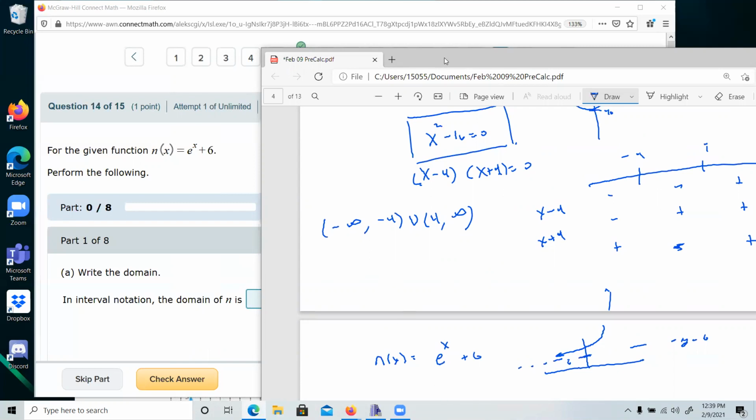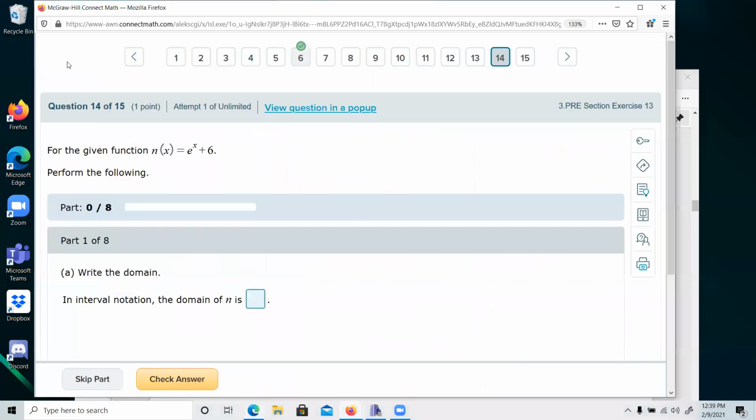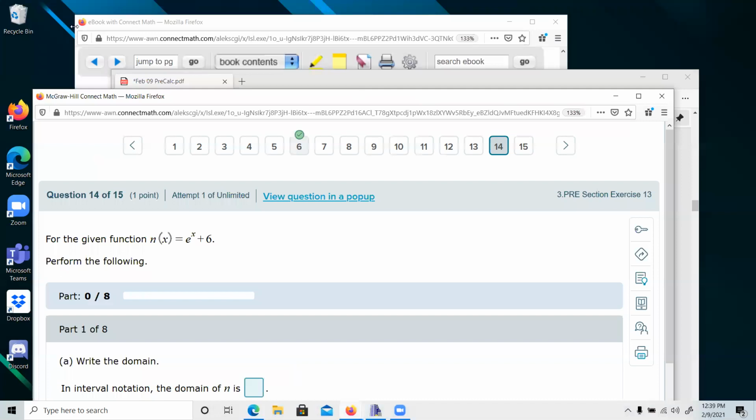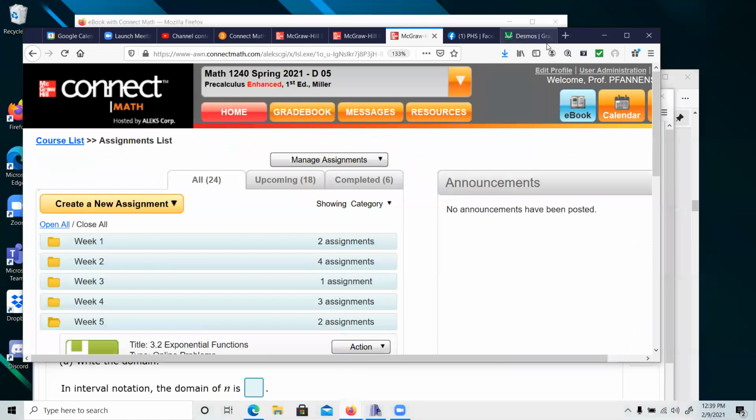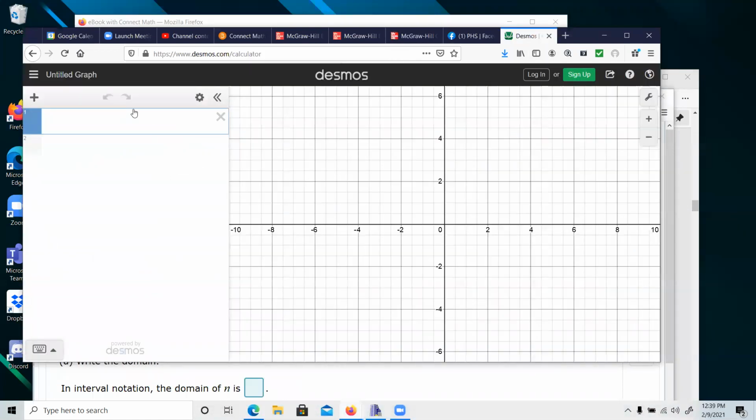Okay, let's see, can I do this? Did I do something clever over here? Yeah, y equals e to the x.